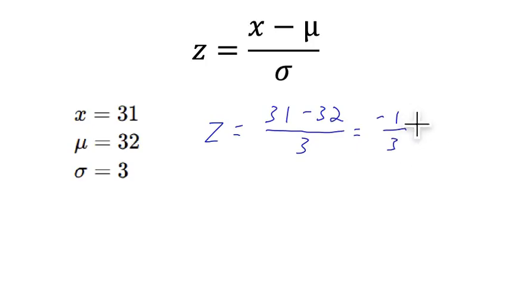Negative 1 divided by 3 equals negative 0.333, and so on. Let's round to the nearest hundredths place. So this data point of 31 is less than 1 standard deviation below the mean, which would indicate it is nowhere near being an outlier.